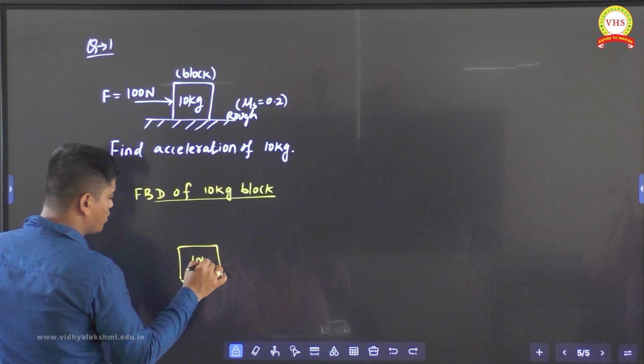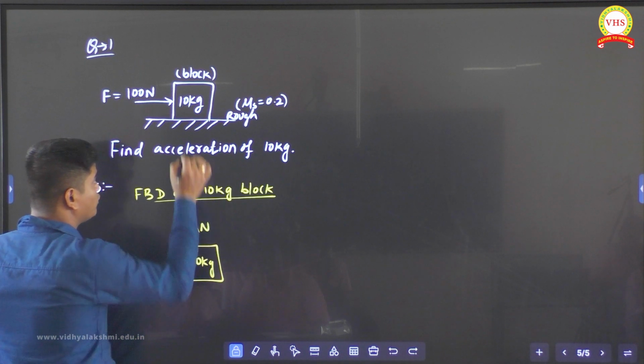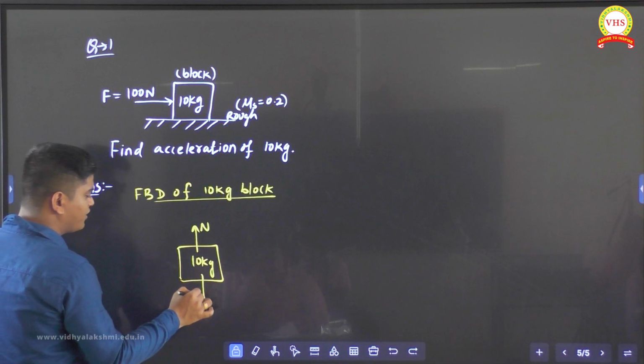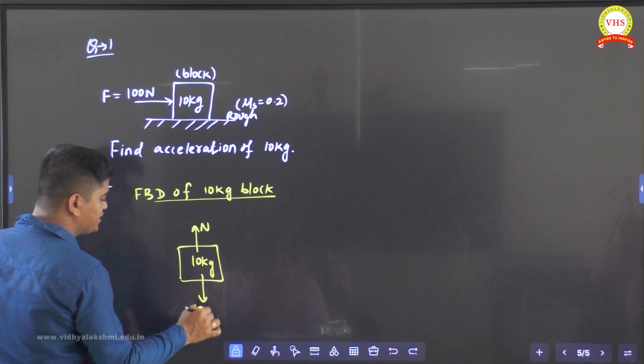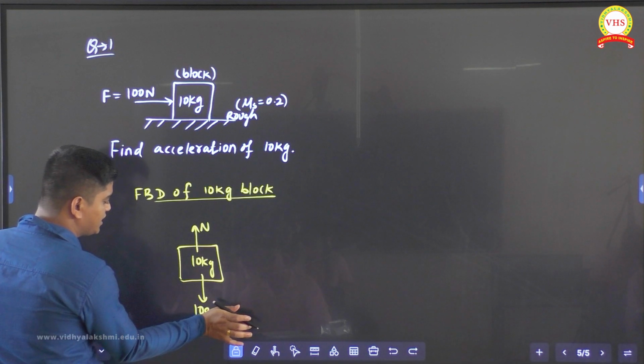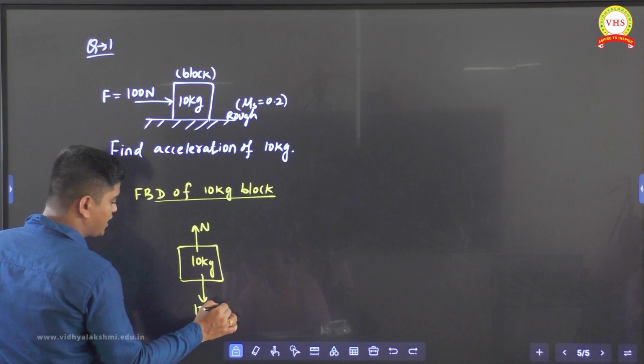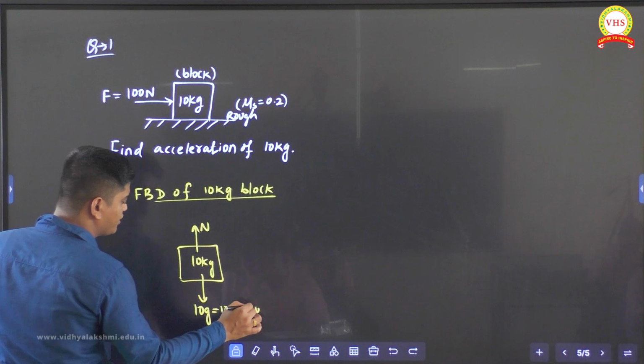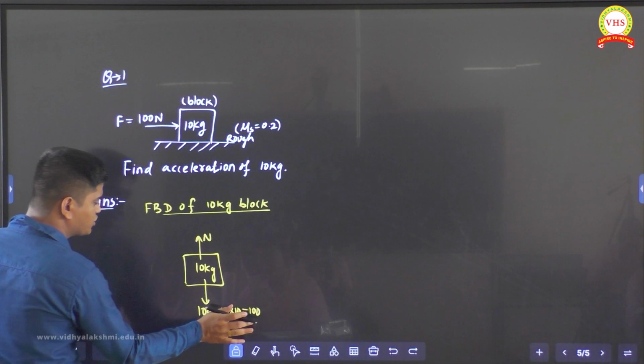On this 10 kg block, one normal reaction is acting upward due to this floor. One gravitational force is acting, which is 10g. 10g means 10 into 10, which is 100 Newton.